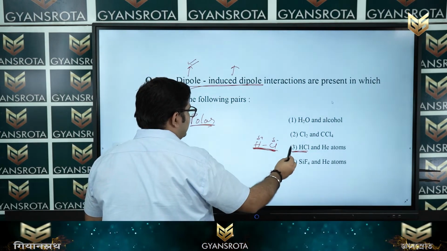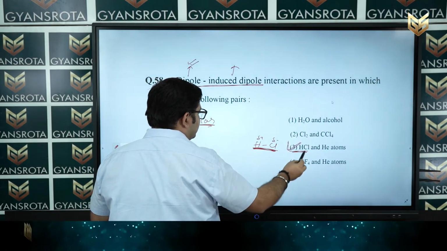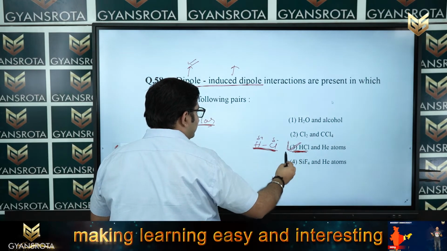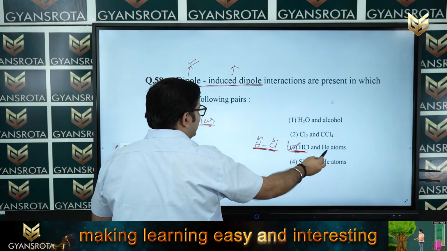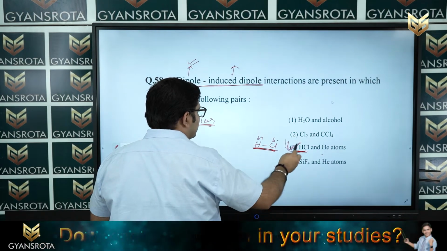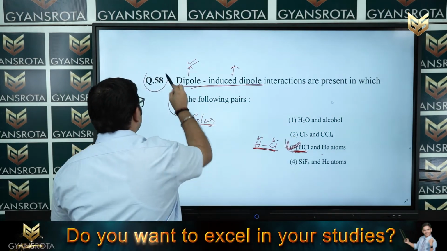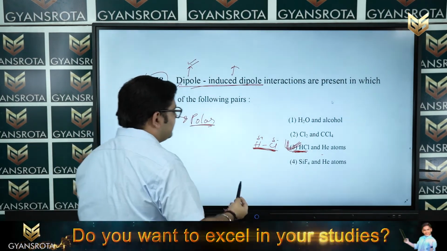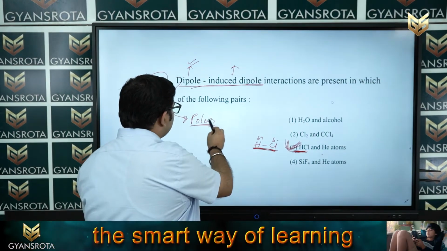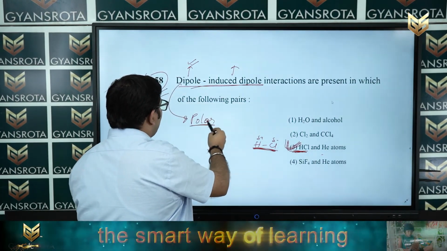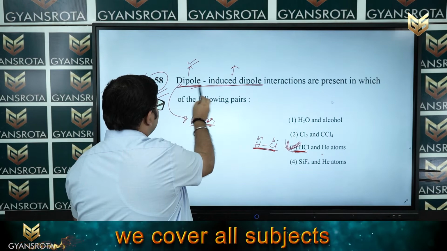So that is why in option number 3, HCl has a dipole, whereas helium has an induced dipole, and option number 3 is the correct answer of your question number 58. So for this you only have to find out the polar molecule, or the molecules which have a dipole moment.